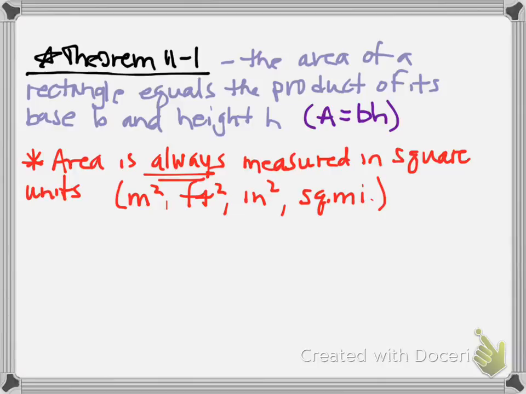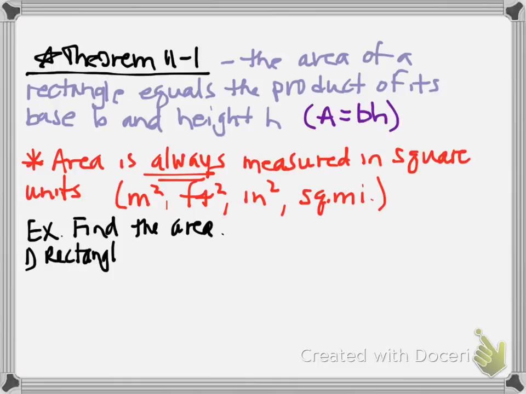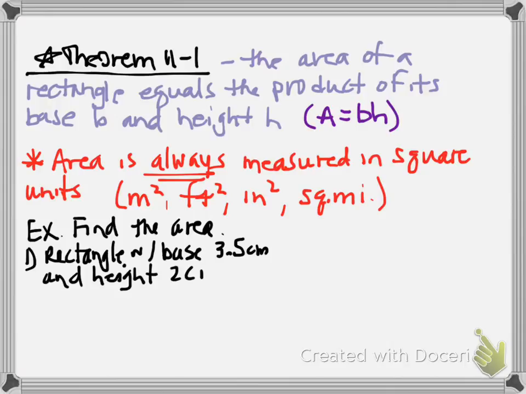So we're going to do just a couple practice problems and then add in a formula or a proof. So find the area. And in number 1, you're told that you have a rectangle with a base of 3.5 centimeters and a height of 2 centimeters.